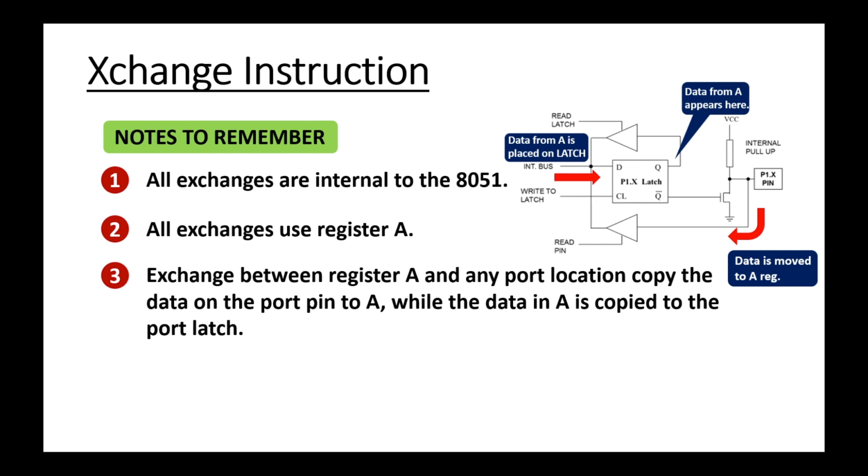So not from the same point is data moved to the accumulator. Data is moved to the accumulator via the port pin, and from the accumulator data is placed on the port latch. This is all about the exchange instruction in 8051.